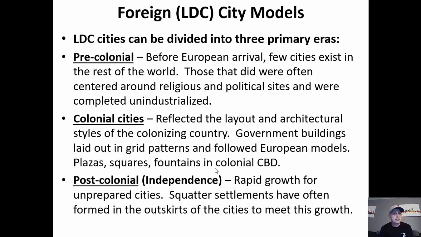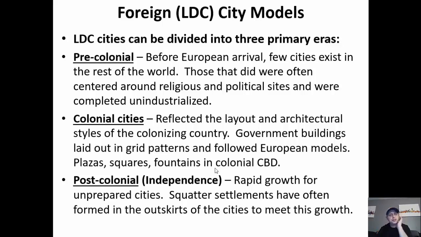Then, of course, we have the colonial cities. Now, these were cities that popped up or developed when Europeans were colonizing an area. These generally copy European cities, since that's the folks who designed them and built them. They reflect the layout and the architecture of the colonizing country. So if the English colonized, they developed the English model, and you saw English architecture and buildings. If it was French, it was the French building styles.